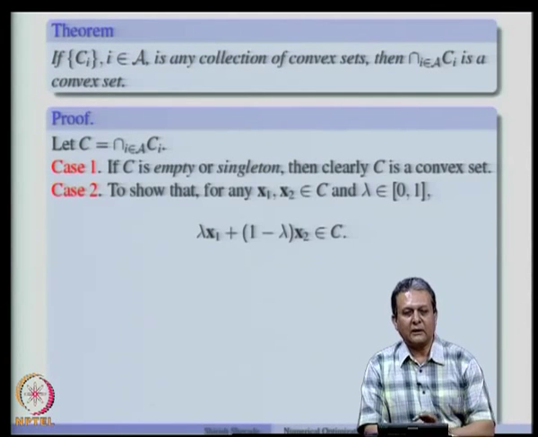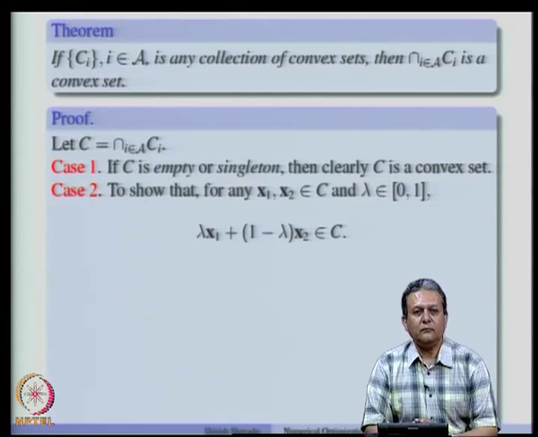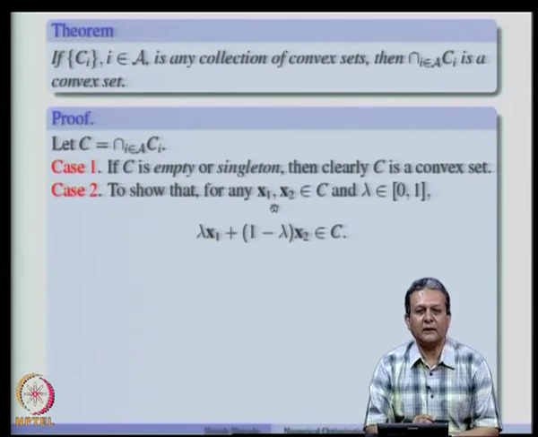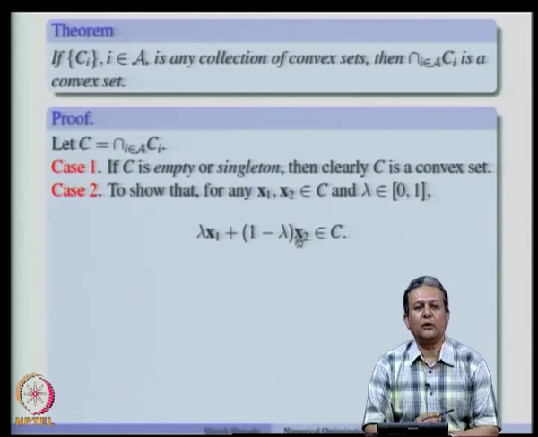So, let us look at that case. Now, whenever we want to show that any set is a convex set, what we need to show is that for any 2 points x1 and x2 in that set and lambda in the closed interval 0 to 1, lambda x1 plus 1 minus lambda x2 should belong to C. So, this is what we need to show.